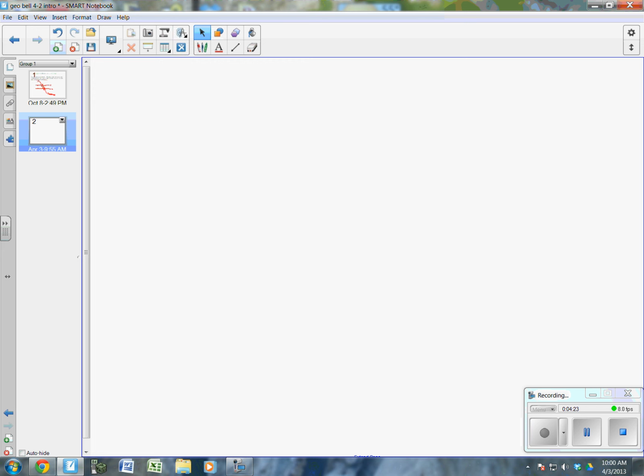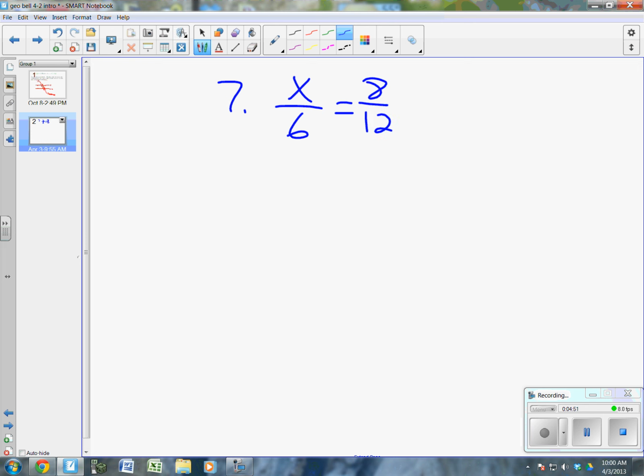Number 7, write a proportion to find the missing measure x, and then find the value of x. So number 7 would look like this. X over 6, because AD and EH correspond, is equal to 8 over 12, because EF and AB correspond.